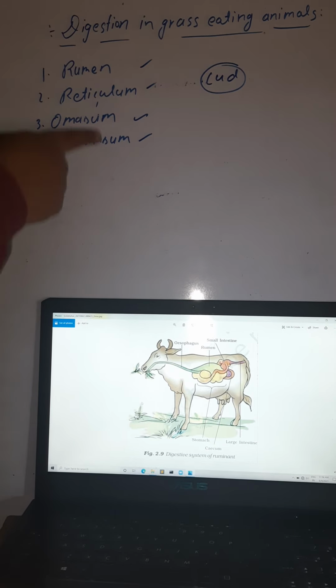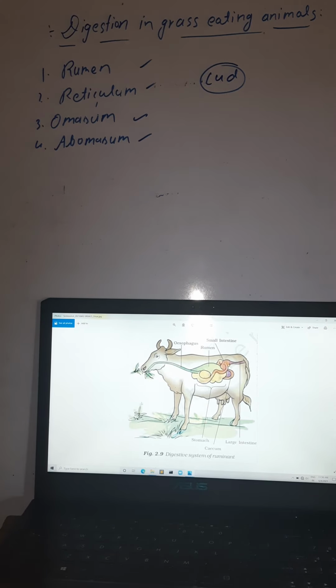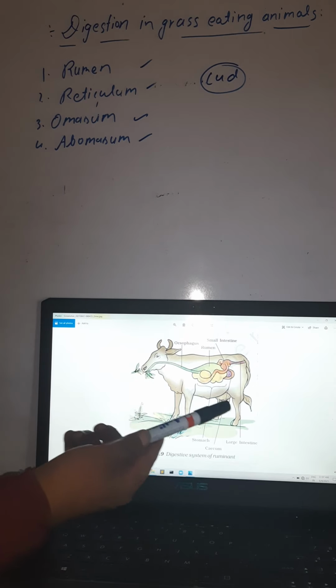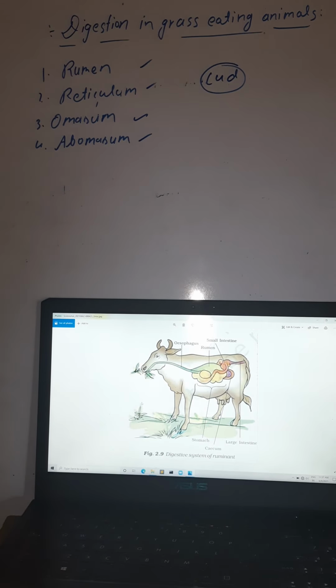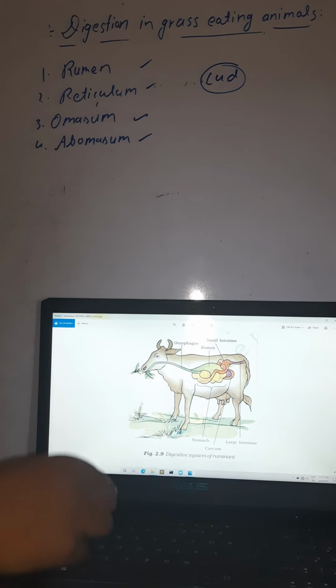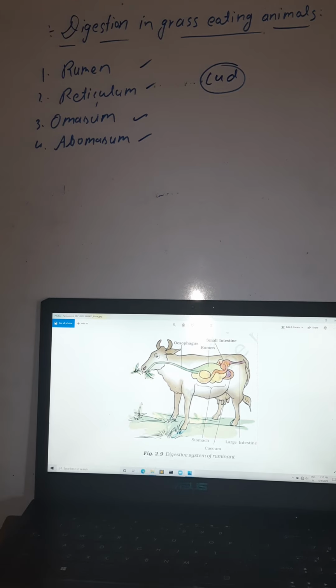So partial digestion takes place in the first two parts, the rumen and the reticulum. Then the food comes back into the mouth as cud. After it has been chewed very fine, it goes into the omasum and the abomasum, where the complete digestion takes place.